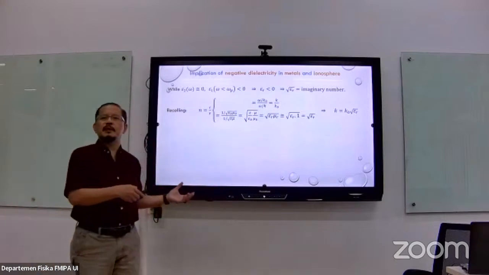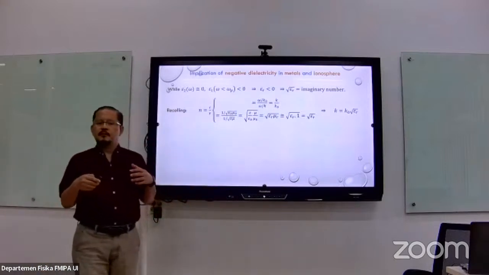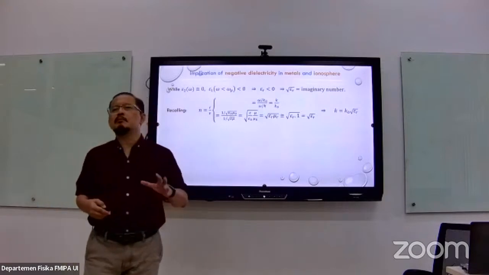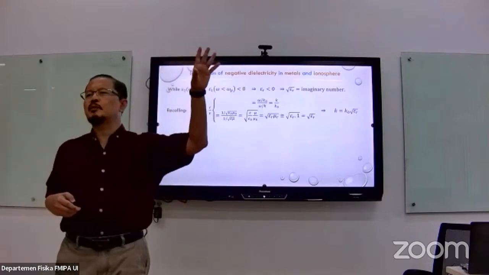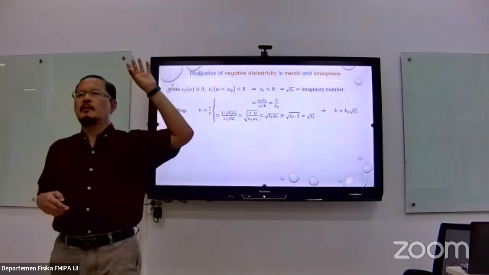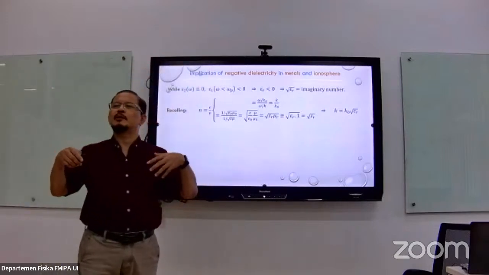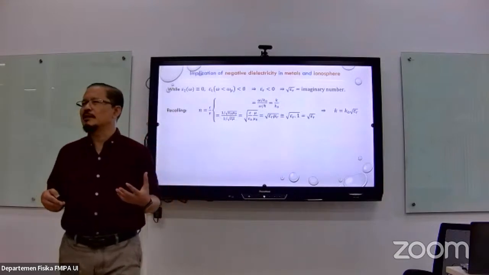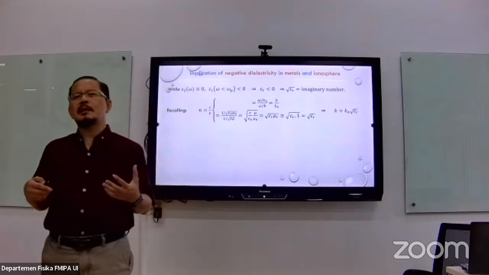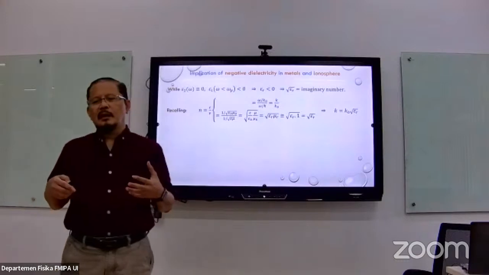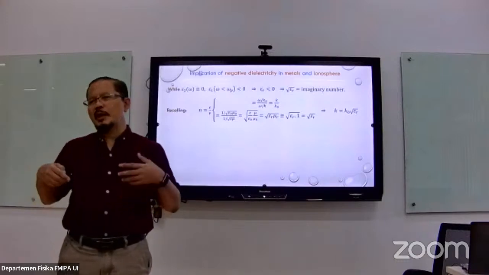Usually, the theory of optics, most of the time, described in most books describing optical properties, they assume that what they talk about is non-magnetic materials. Because if you deal with magnetic materials, there are more complications.